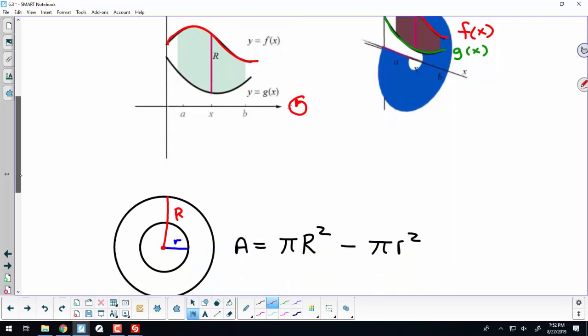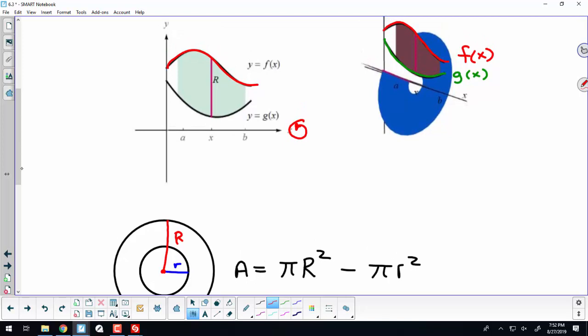I don't know if I can do this justice at all, but I'll attempt to. So it kind of dips like that, I guess. And then this one we called g of x, so that'll be down here. Not technically to scale, but kind of like that.